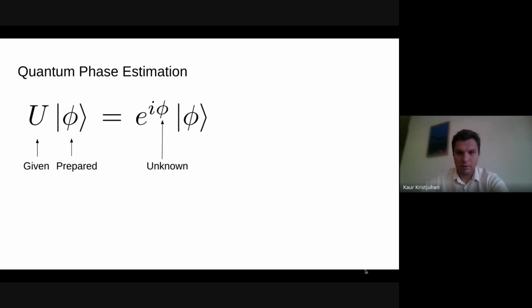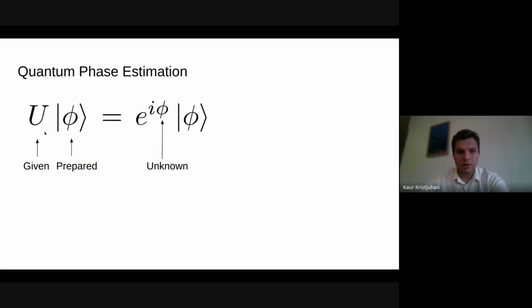So the main algorithm that we're talking about is called quantum phase estimation. And the setup is the following. We have a state which has already been prepared. This could be, for instance, the ground state. It's going to be an eigenstate of the Hamiltonian. So this ket phi is the state that we've already prepared.